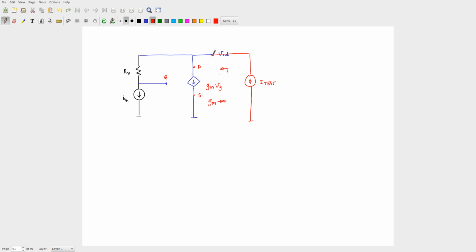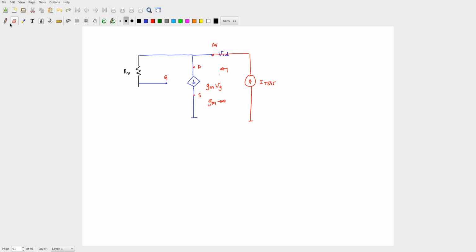Assume that this I test causes this thing to go to some delta V. And In should be killed, correct? Because you remove your In. But then what's happening? If you kill your In, what happens to Vg?